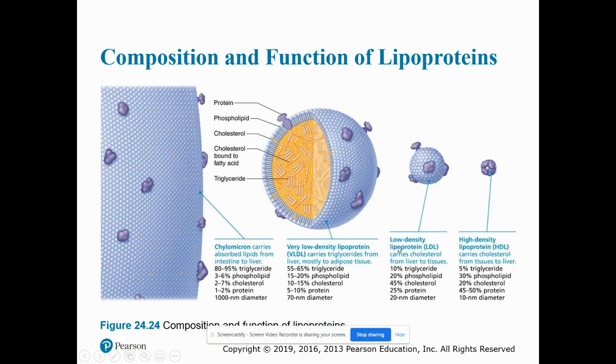Then we have low density lipoproteins, or LDLs, and these are going to carry cholesterol. They have the highest proportion of cholesterol. And then we have high density lipoproteins, and these have the highest proportion of protein, and they're the smallest.